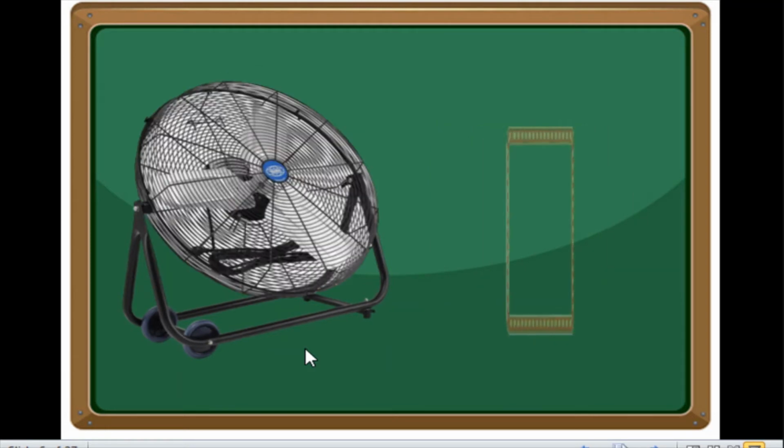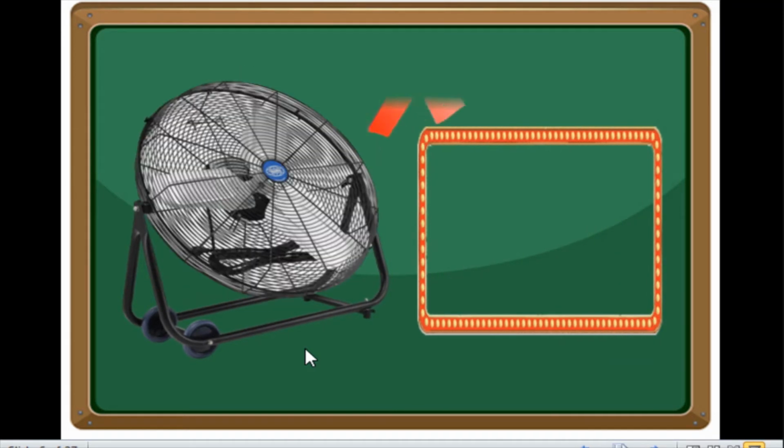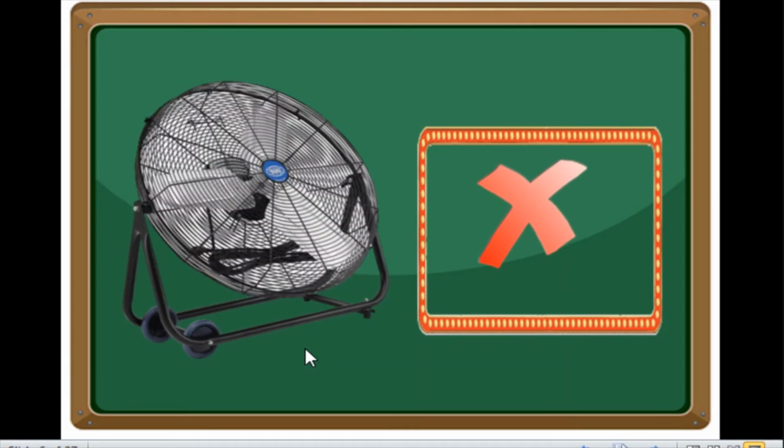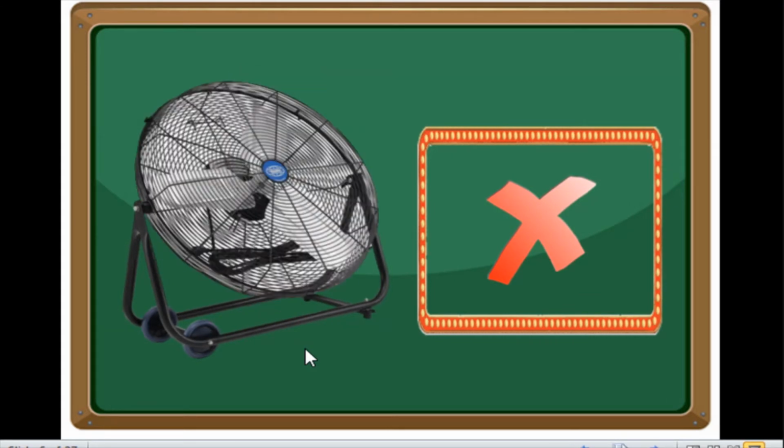Very good. It is not an equiangular quadrilateral. Great job, everyone!